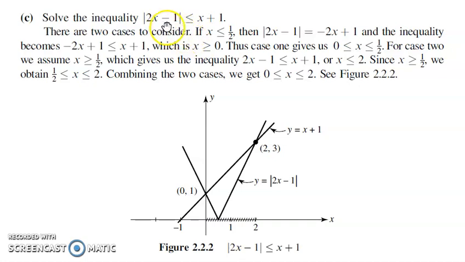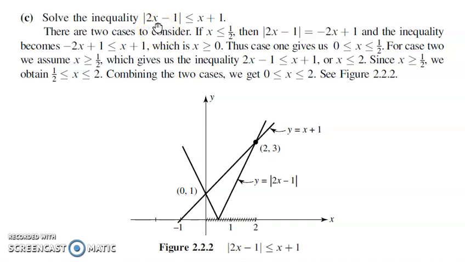Here the modulus is on one side only, so we don't have to consider two different points. We only have to consider the point at which this modulus is 0, because modulus of 2x minus 1 is distinguished by the point at which it is 0.